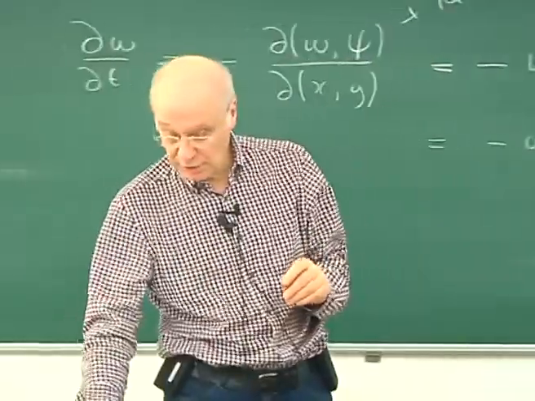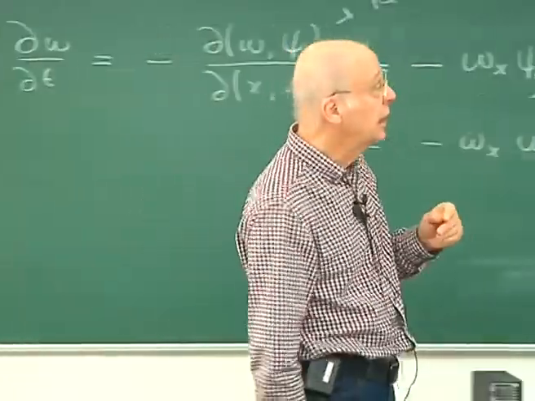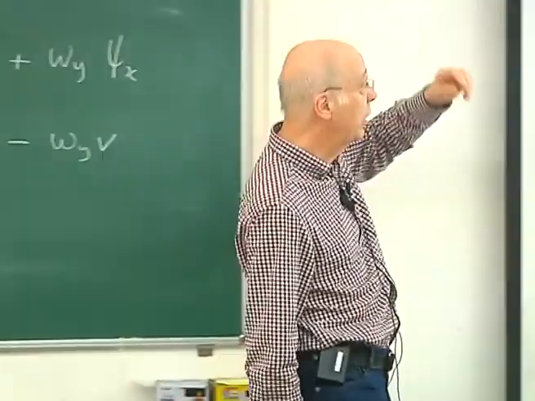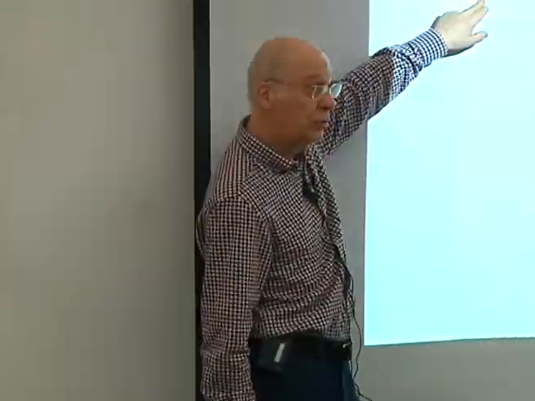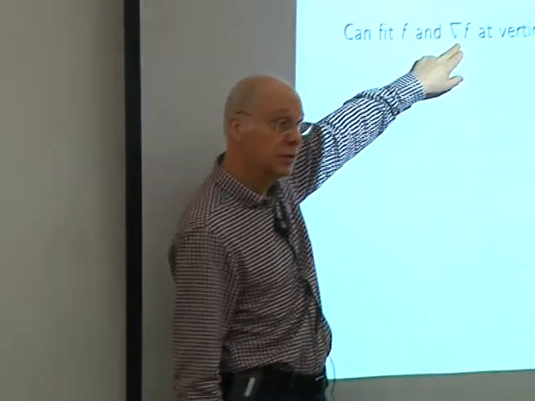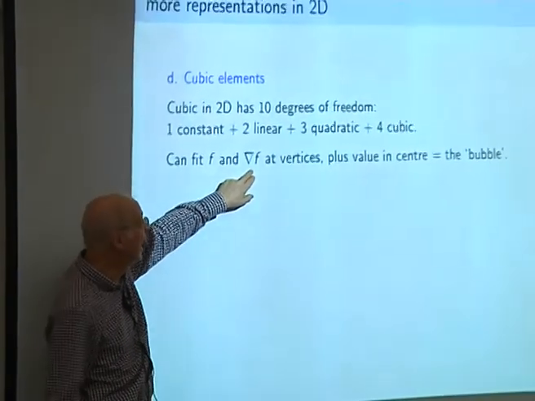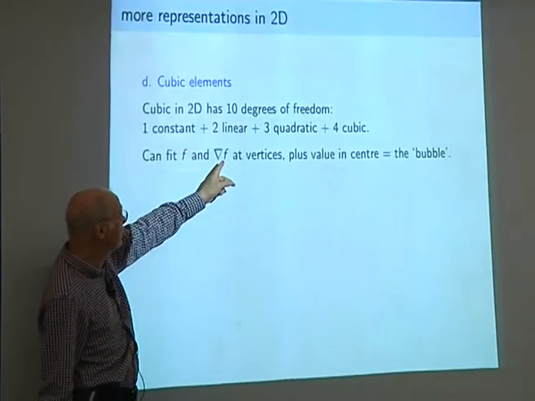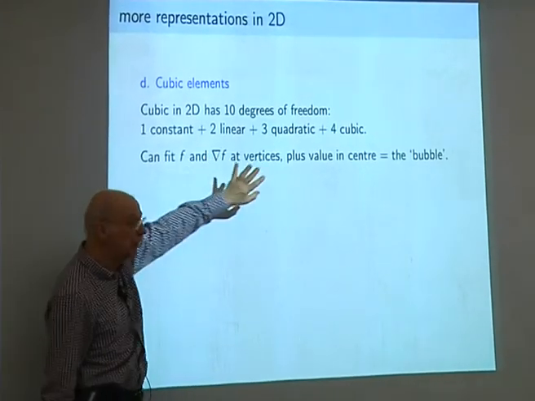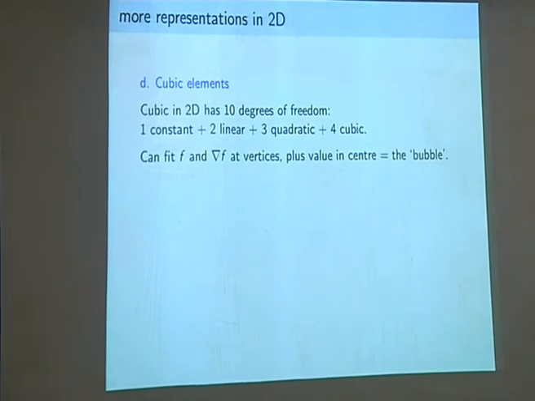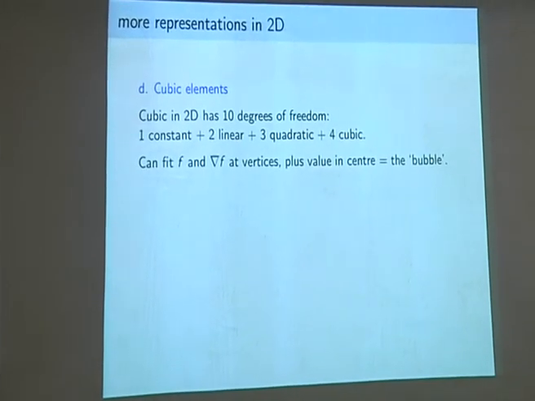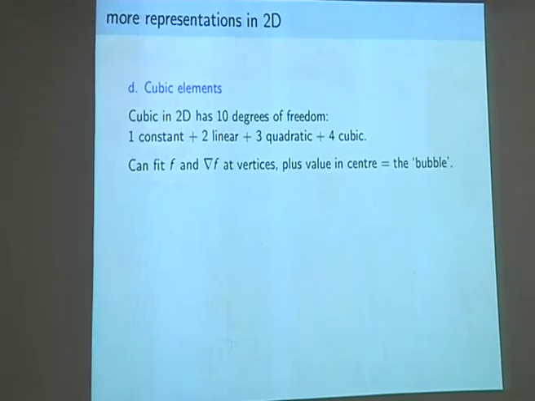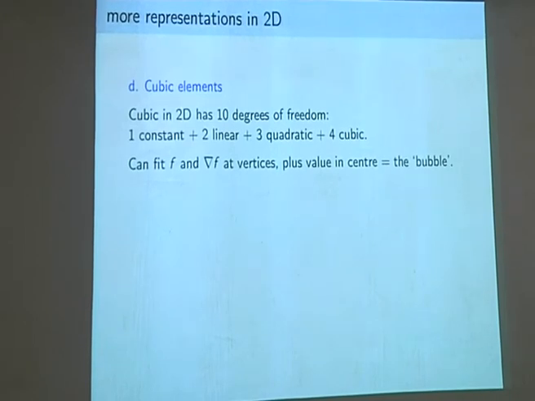And I can use those so that I can fit the values of the function and the derivatives, the x and y derivatives, at all 3 vertices. So this is 1 piece of information, 2 pieces, 3 pieces of information at 3 vertices: 9 constants have been used up on this cubic, and there's 1 left over.